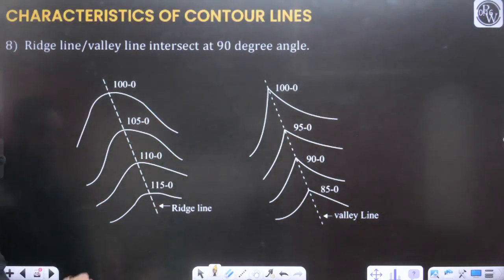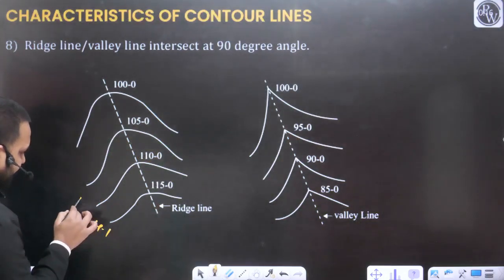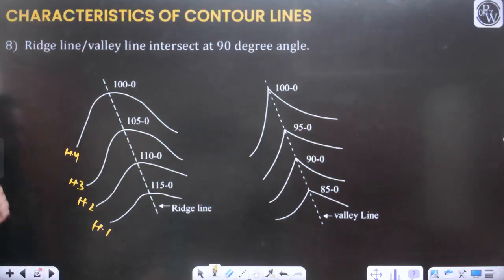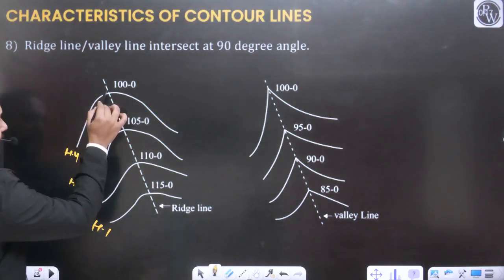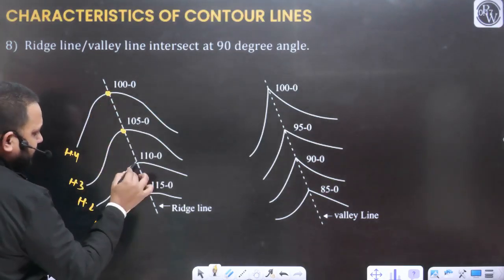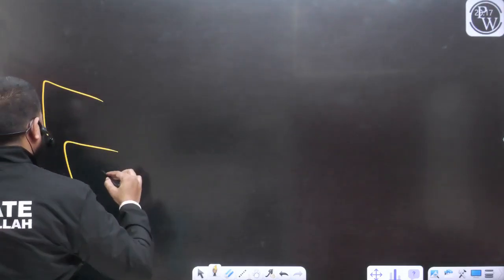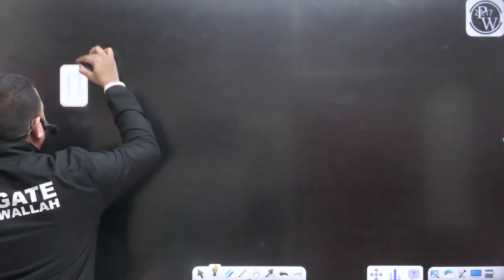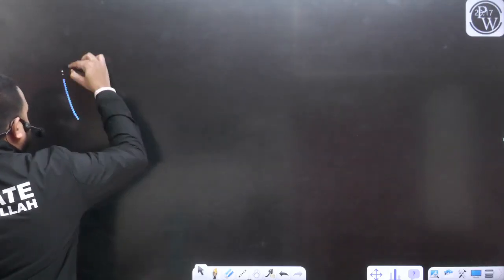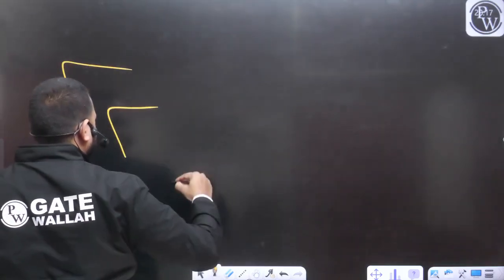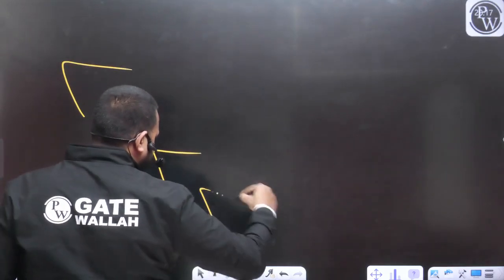So for example, this is your hill 1, this is your hill 2, this is your hill 3, and this is your hill 4.